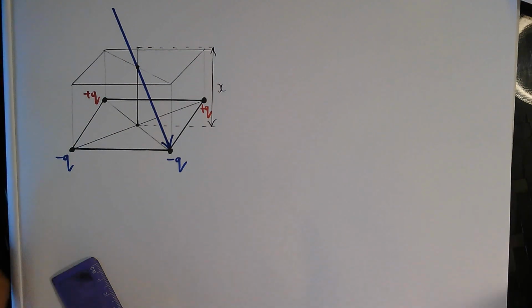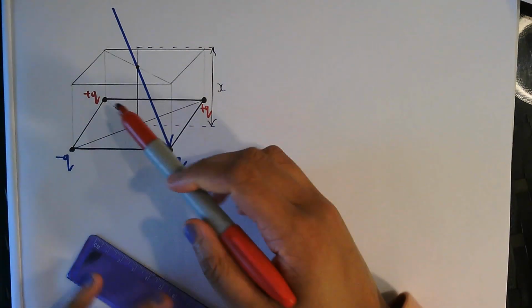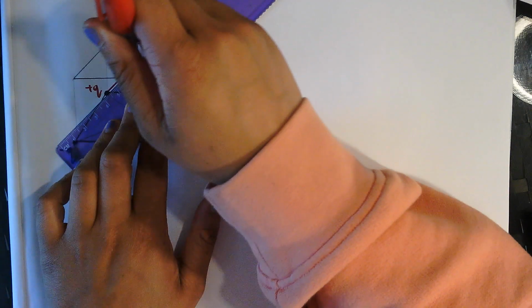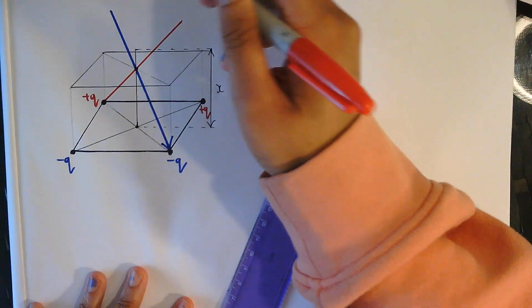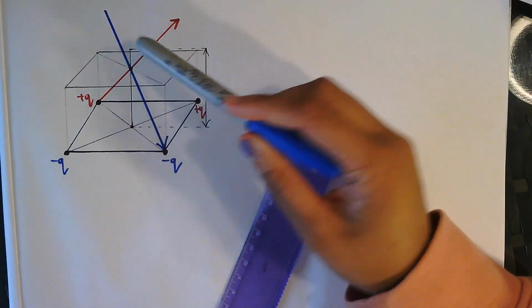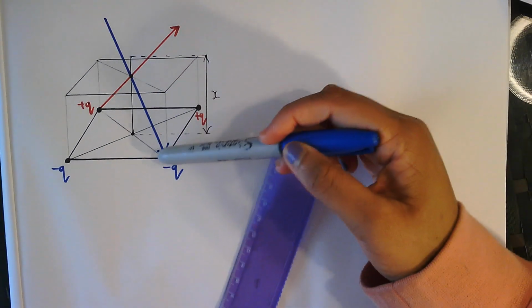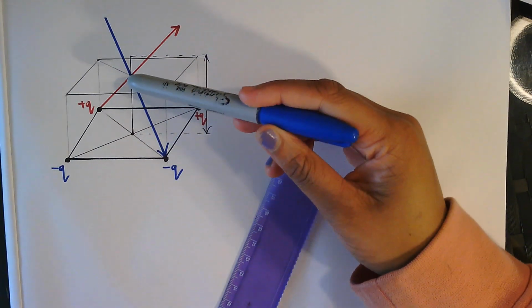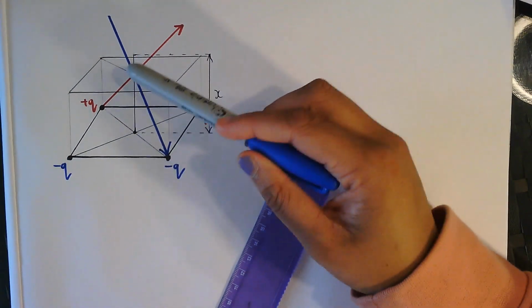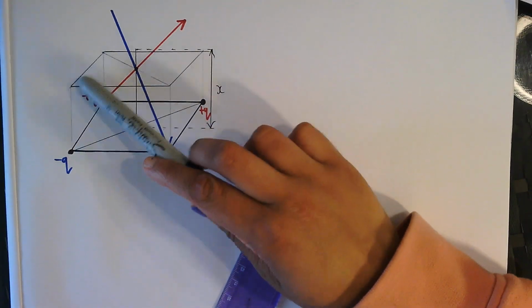And for this positive charge here, the electric field is going to go away from this point, like that. And what we can now do is take components of these 2 electric fields, like a vertical component and a horizontal component, but when I say horizontal I really mean a component that's in this plane here.